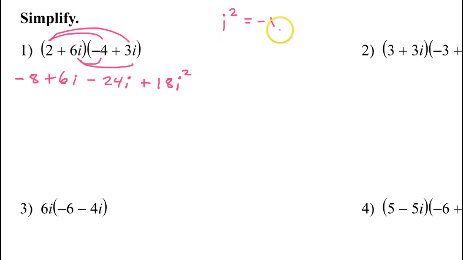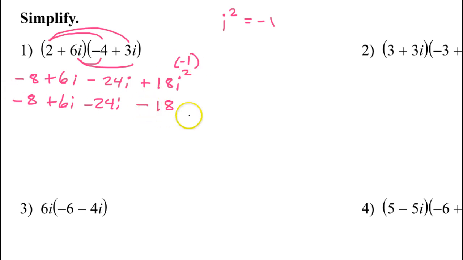Now there's that i squared I was just talking about. i squared is -1, so keep in mind that i squared is -1. That's going to have the result of changing this plus 18i squared into minus 18, because 18 times -1 is -18.